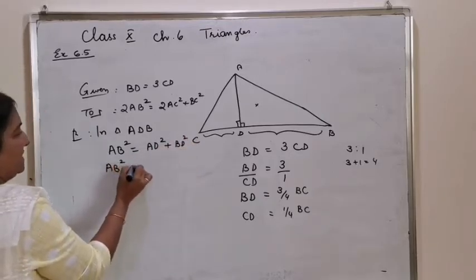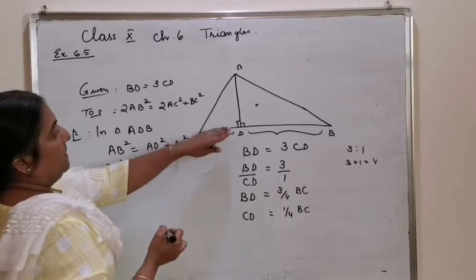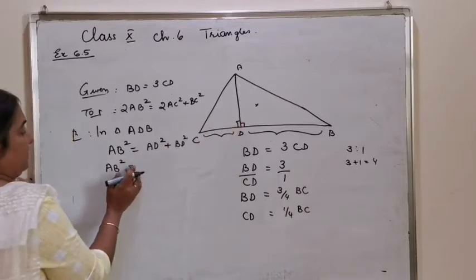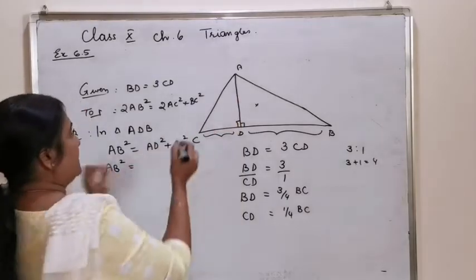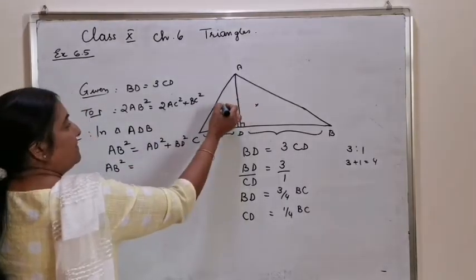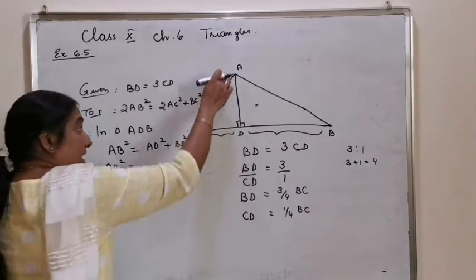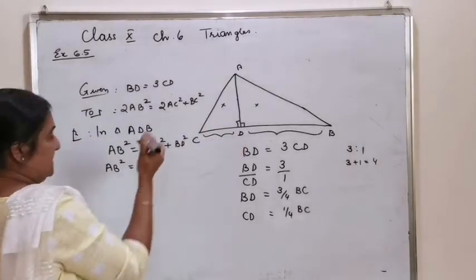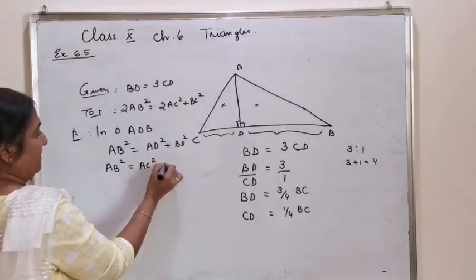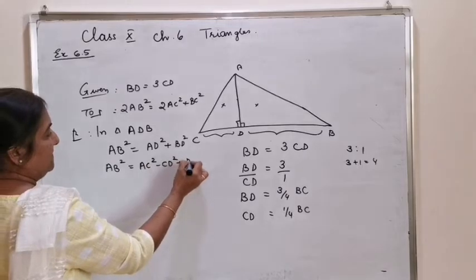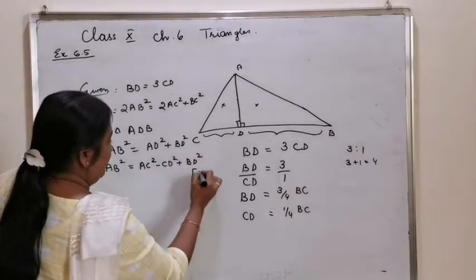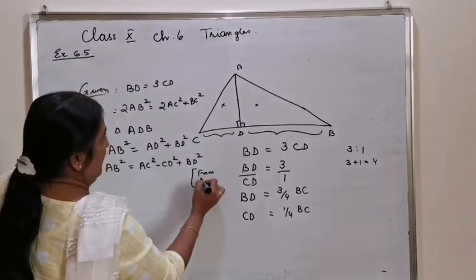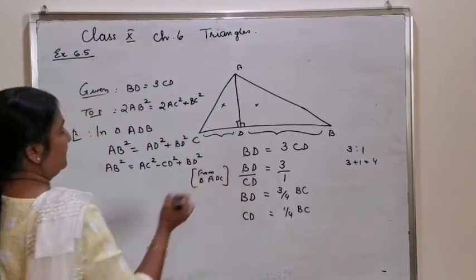AB square is equal to, the next triangle, instead of AD square, from this triangle, AC square minus CD square plus BD square, that is from triangle ABC.